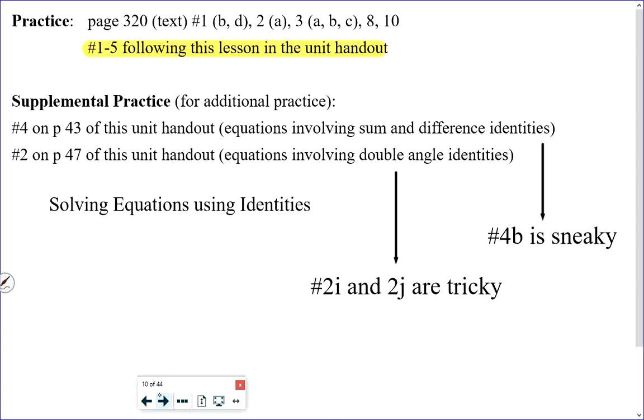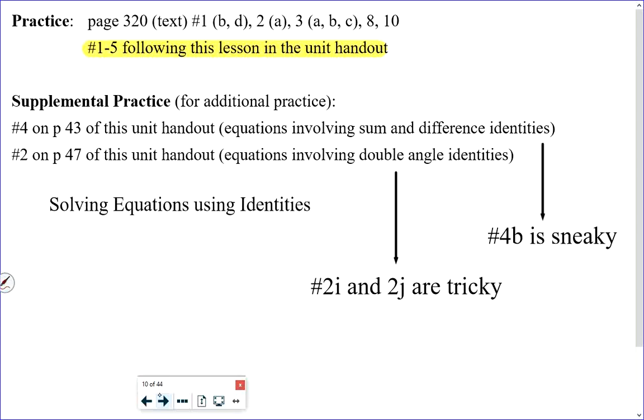But I also have 5 multiple choice numerical response exam style questions on the following pages that I think you should do. When we learned about sum and difference identities, I did not list number 4 in the supplemental practice section. And when we did double angle identities, I didn't list number 2. That's because these all deal with equations.